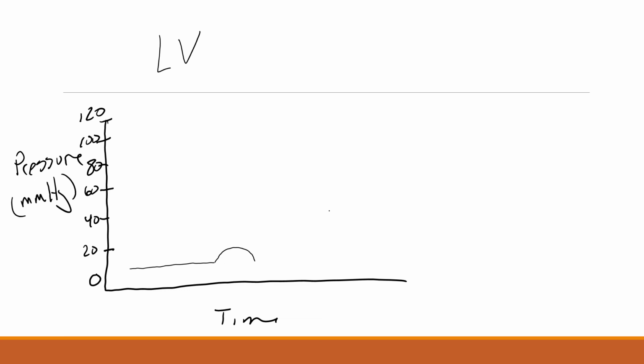And then what happens immediately after that is the ventricle is then going to proceed into its systolic phase. And when that happens, the pressure goes up sharply, up to about 120, comes back down again, and then baseline. And so this is approximately what the curve would look like for left ventricular pressure. Again, the same curve for right ventricular pressure, only the peak would be much lower.